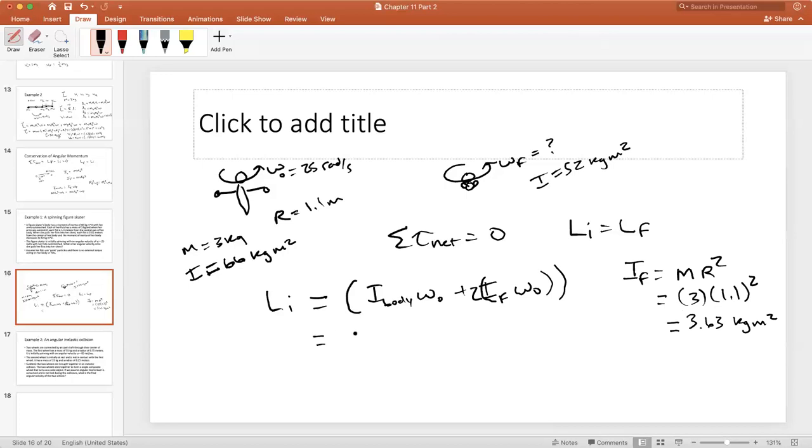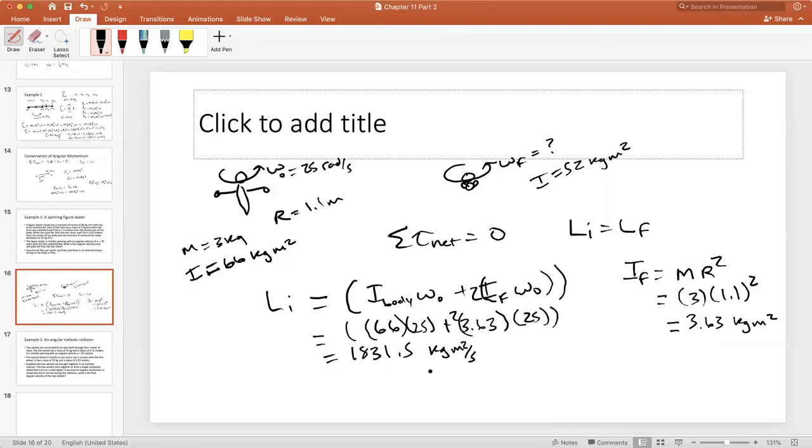So her initial angular momentum is 66 times 25 plus 3.63, and don't forget there's 2 of these, times 25. So her initial angular momentum is 2 times 3.63 times 25 plus 66 times 25, which is 1,831.5 kilogram meters squared per second.